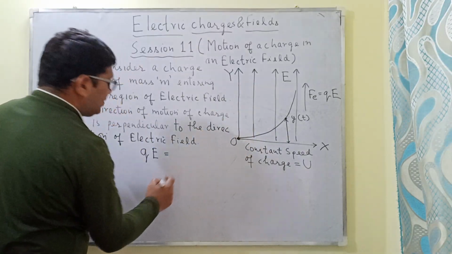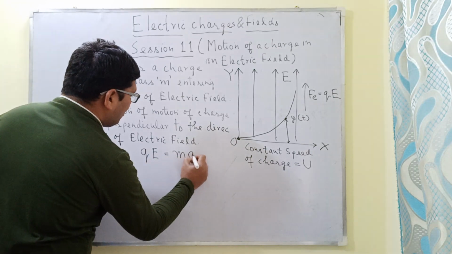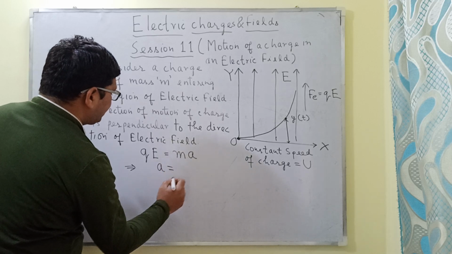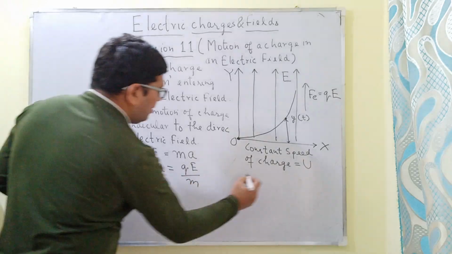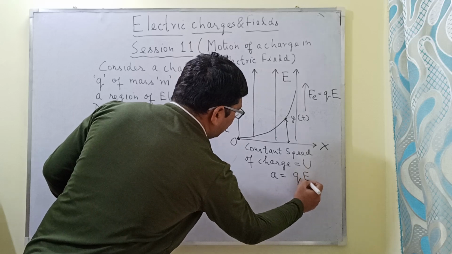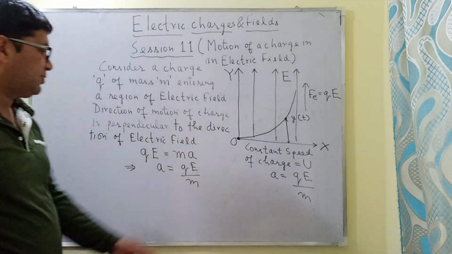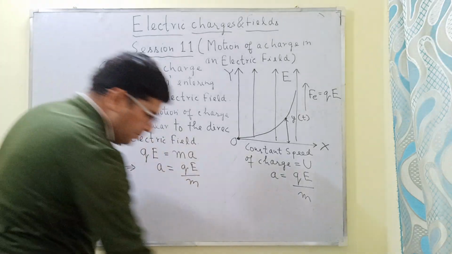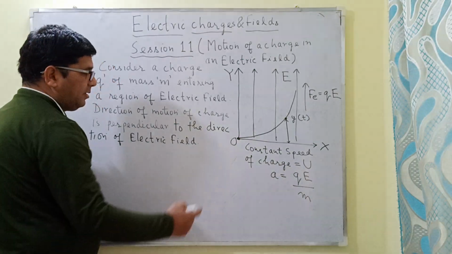Since force is equal to mass into acceleration, Q E is equal to m into a, and from this equation the acceleration of this charge will be equal to QE upon m. Acceleration of the charge is equal to QE divided by m, where m is the mass of the charge, q is the magnitude of the charge, and E is the intensity of electric field. This is the first equation which we have got.